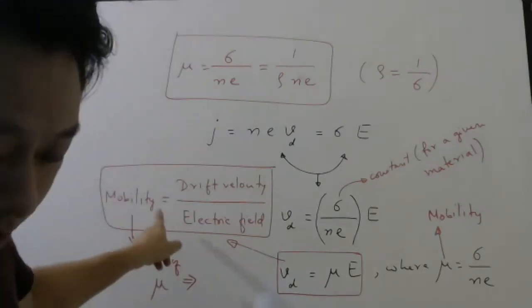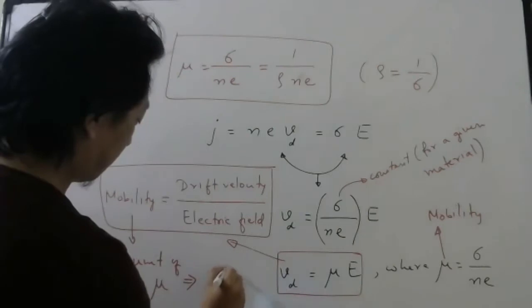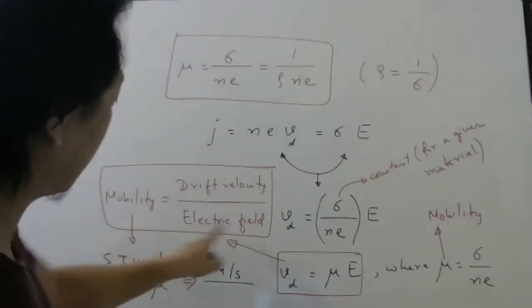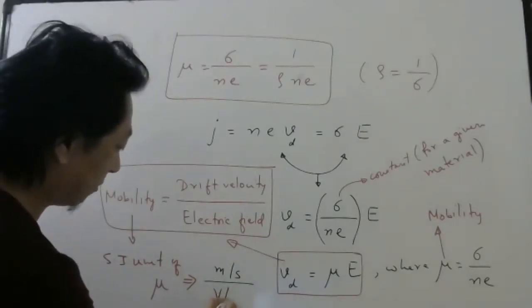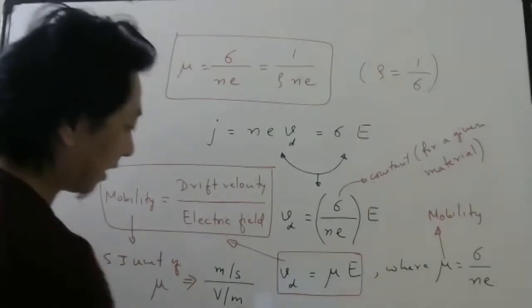Use the definition here. You use this formula. So this is meter per second. Velocity is meter per second, and electric field is volt per meter.